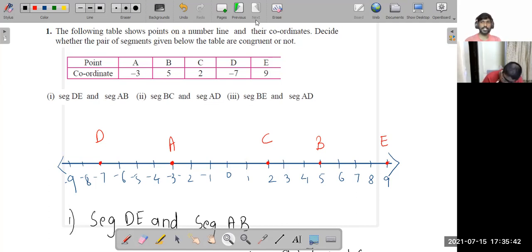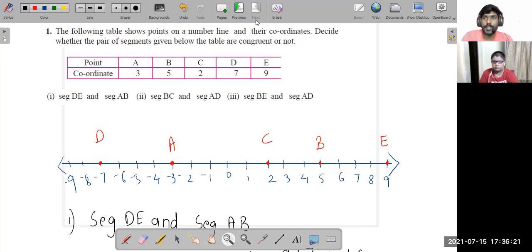You just have to find out BE. So they are congruent.